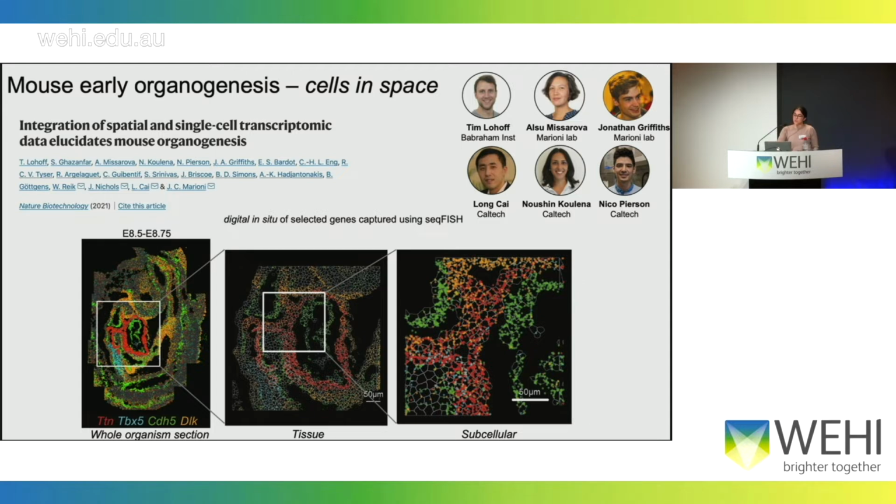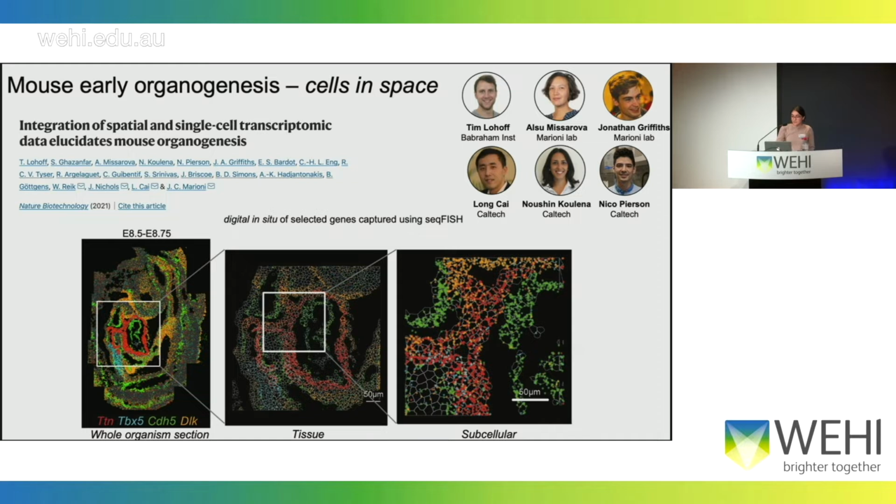The idea there was to try to understand the interplay of local spatial contexts and how that relates to our understanding of cell fate determination. What I'm showing here is a digital in situ of one of the samples that we collected. We can see that there's a massive shift in the scales of the information that we're able to capture: firstly the whole organism scale, into the tissue scale, and then further into subcellular.